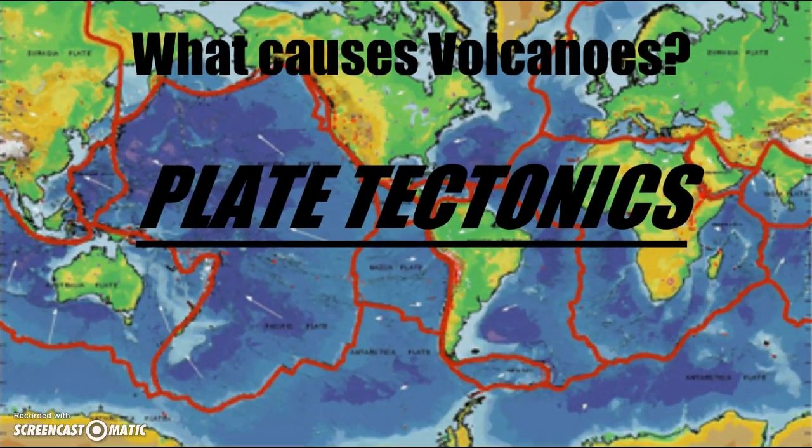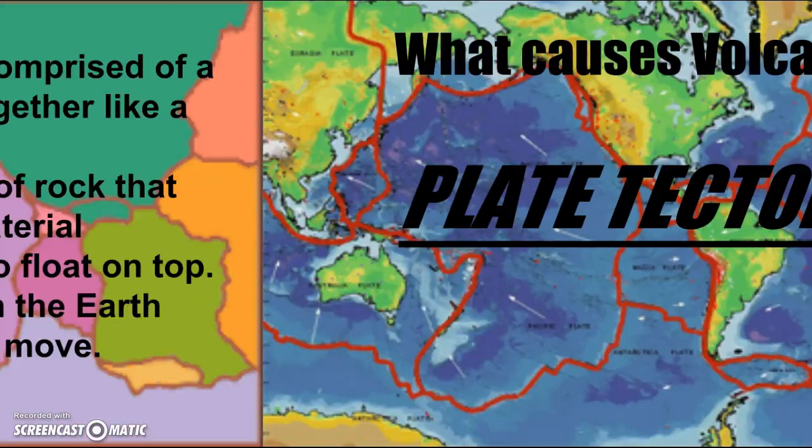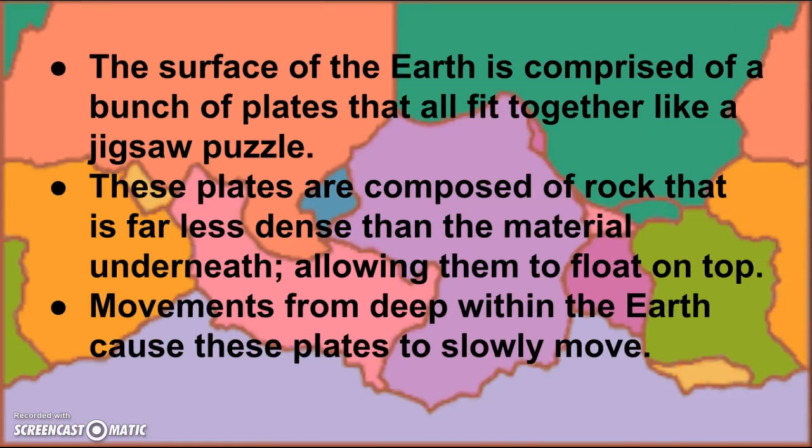What causes volcanoes? To sum it up, plate tectonics are what causes volcanoes. As you can see from the pictures, especially on the previous one, the surface of the earth is composed of a whole bunch of plates that all fit together like a jigsaw puzzle.